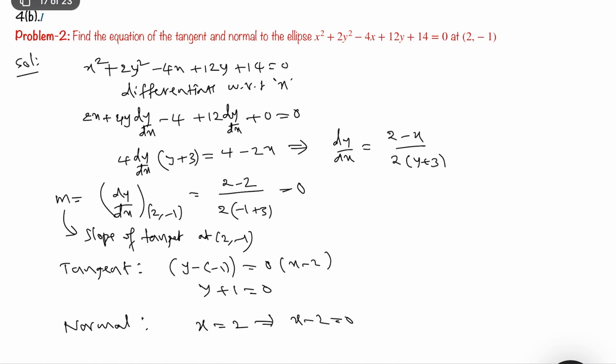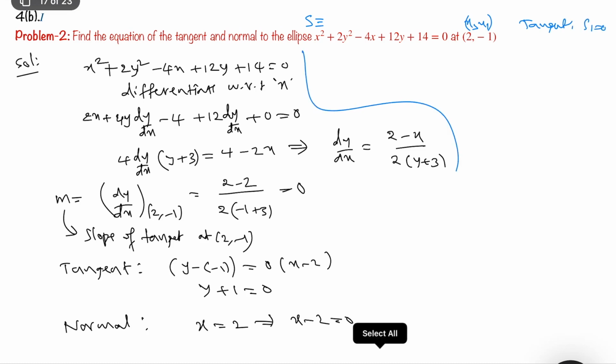If you see this ellipse equation as S = 0, and this point as (x1, y1), then you can also say the tangent is S1 = 0. If you compare this with ax² + by² + 2gx + 2fy + c = 0, what would be S1?